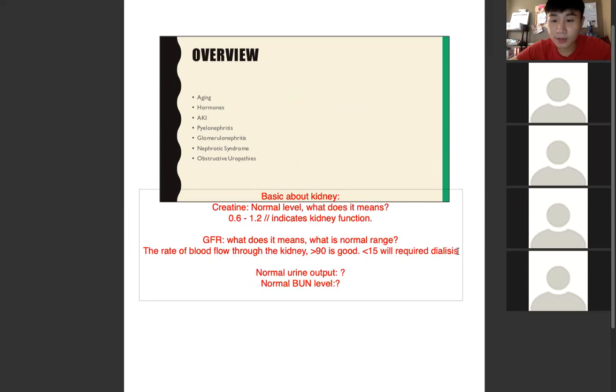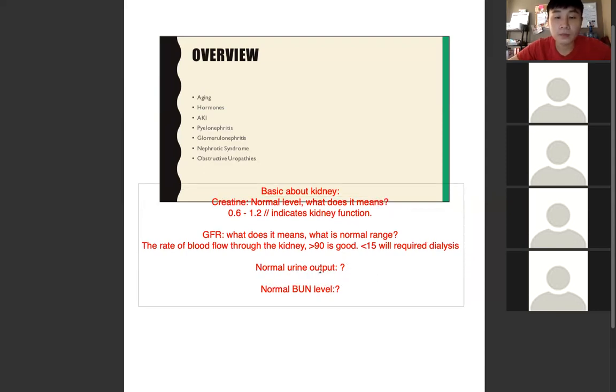Normal urine output is anywhere from 30 mL per hour. And then the normal BUN level is 6 to 20. This is the normal level.